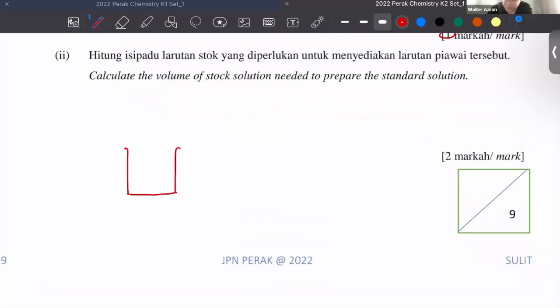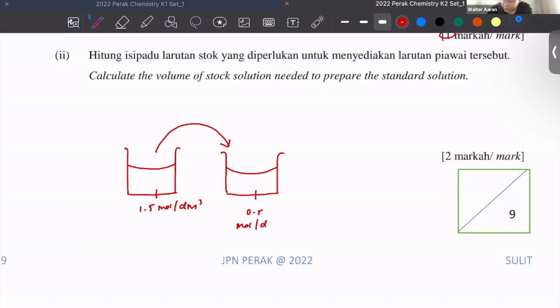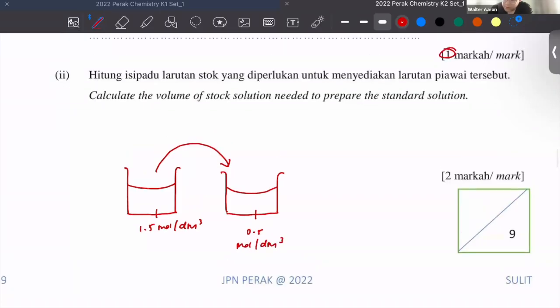So what we have is a standard solution. Here we got 1.5 mole per dm cube. Okay, we are talking about how much do we have to transfer into a new beaker to make it 0.5 mole per decimeter cube. That's the idea.